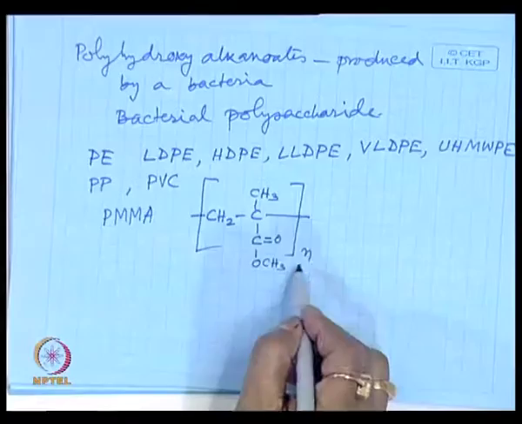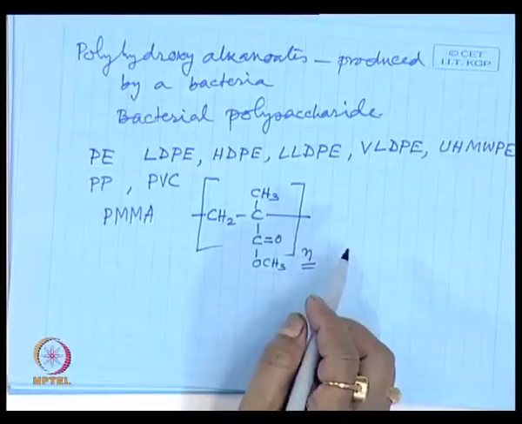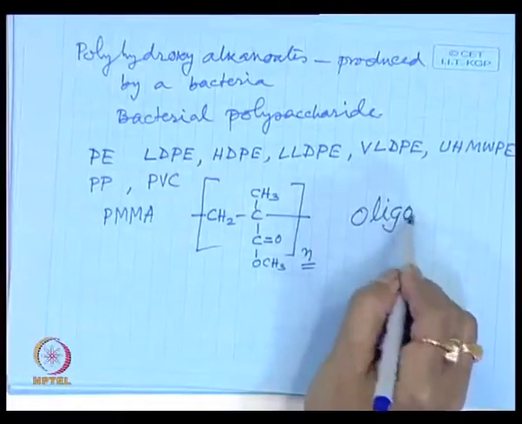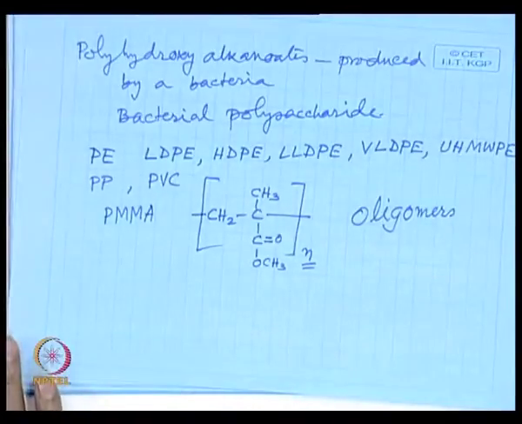Depending on the value of N, we can have an idea of the molecular size, how big it is. Very big, high value, high molecular weight; low value, low molecular weight. Low molecular weight polymers we call oligomers. Oligo means lower, smaller number, oligomers.